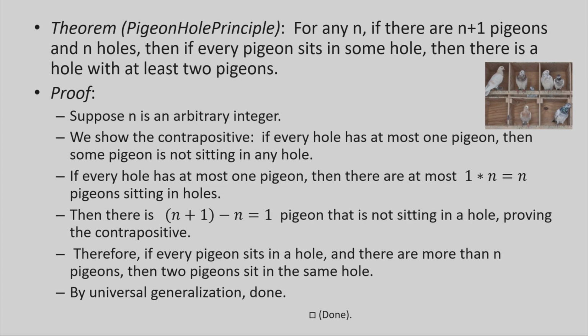Universal instantiation: let n be an arbitrary integer. And instead of showing that if every pigeon sits in some hole, then there is a hole with at least 2 pigeons, we will show the contrapositive. If every hole has at most 1 pigeon, then some pigeon is flying somewhere.